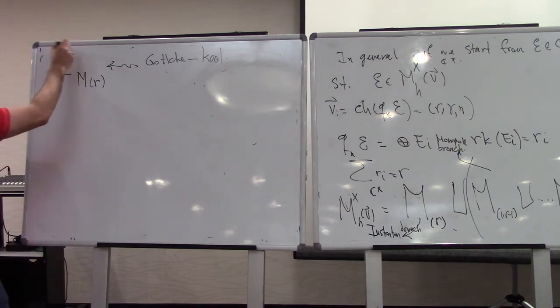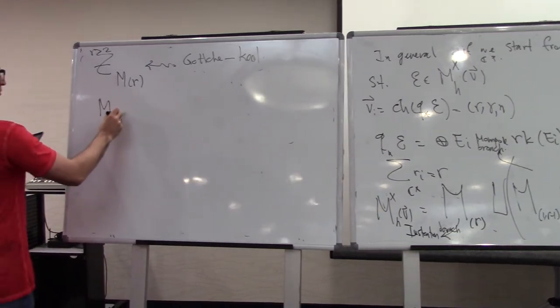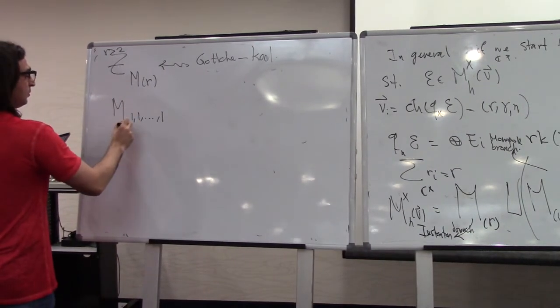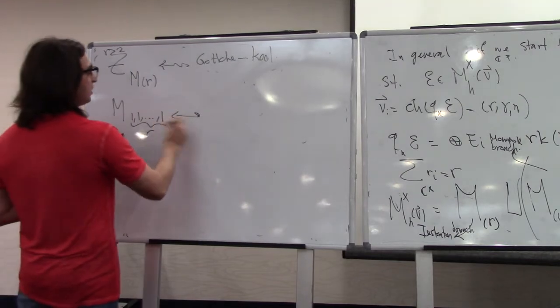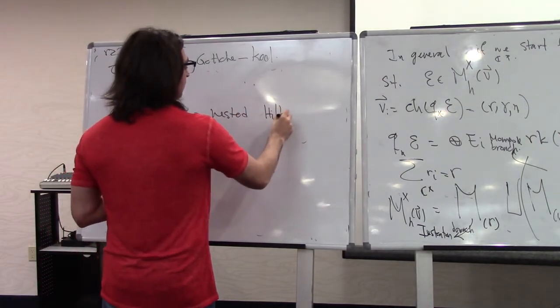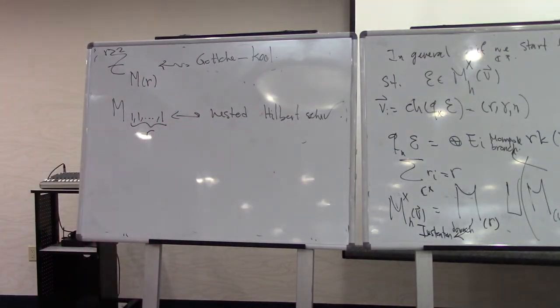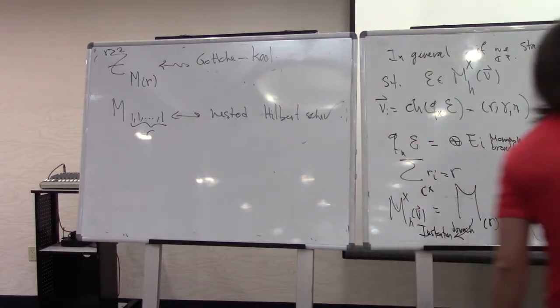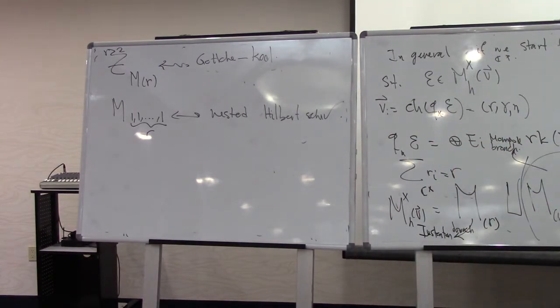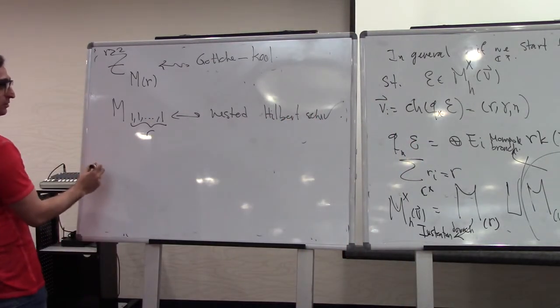And so this is for R bigger than 2. And then this part actually is given by the nested Hilbert scheme. It's not so hard. So this is the theory that we developed. And then the remaining parts are whatever is lying in here. So those components are components.